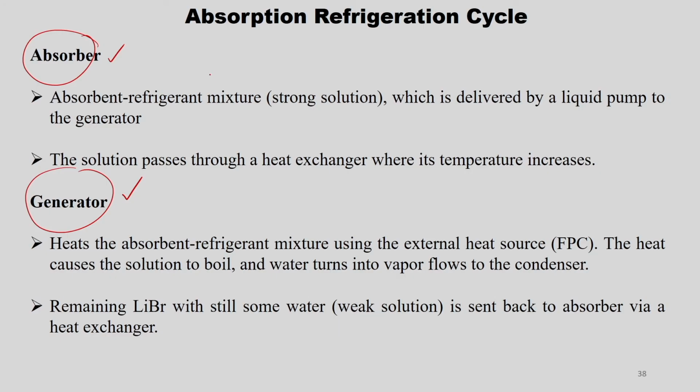In absorber, the absorbent refrigerant mixture is usually a strong solution of salt and water. The common absorption mixture used is LiBr, lithium bromide, salt and water solution, which is delivered by a liquid pump to the generator, that is the next component. The solution passes through the heat exchanger where its temperature increases.